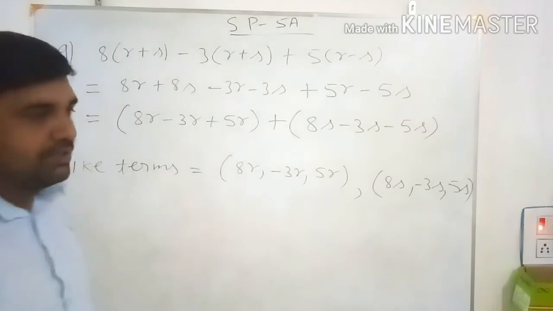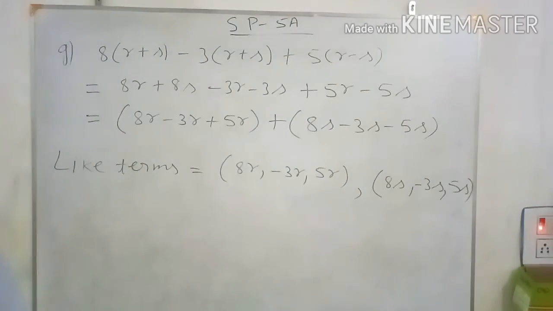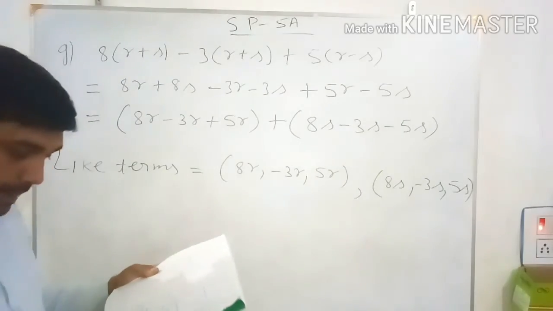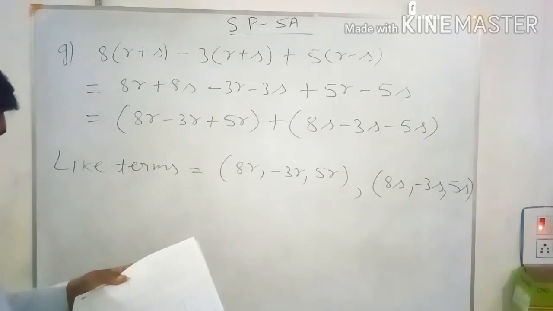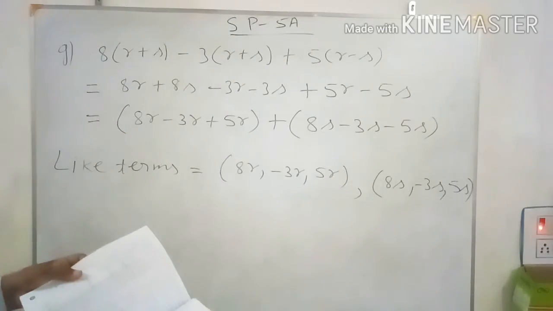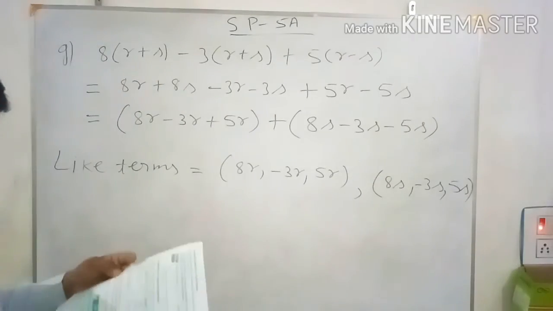These are the like terms. So in this we got the like terms 8r, minus 3r, 5r and 8s, minus 3s and minus 5s. Like this we can write the like terms.